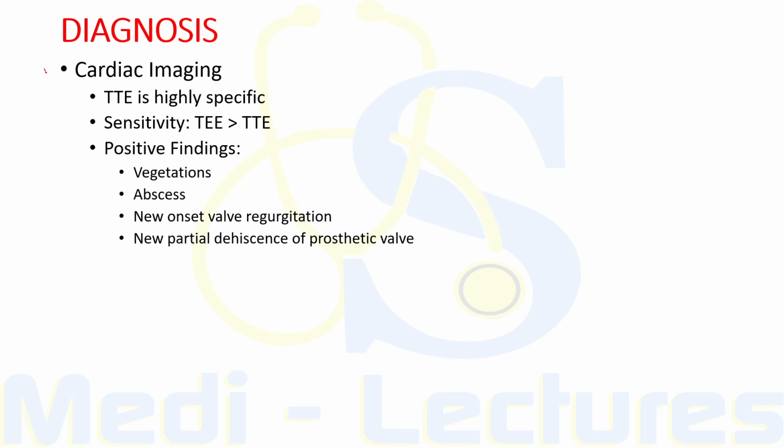In cardiac imaging, transthoracic echo is highly specific but may yield inadequate images in 20% of the patients. So the sensitivity is more for transesophageal echocardiography as compared to transthoracic echo.